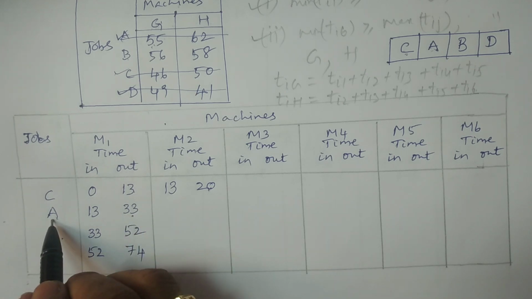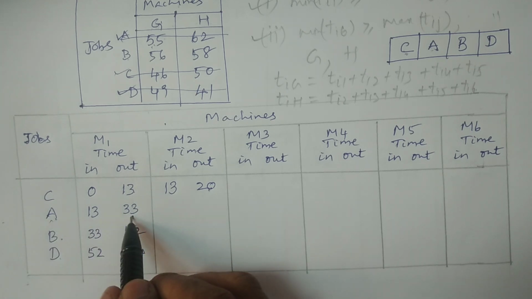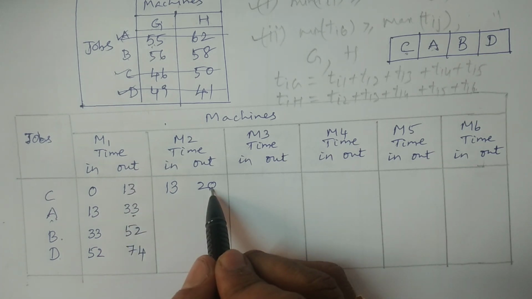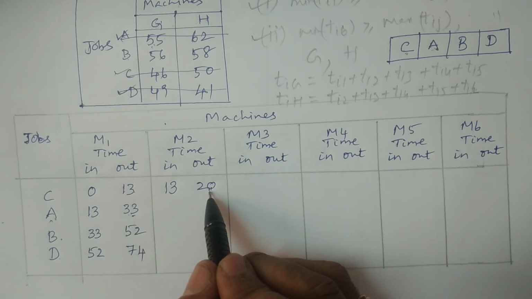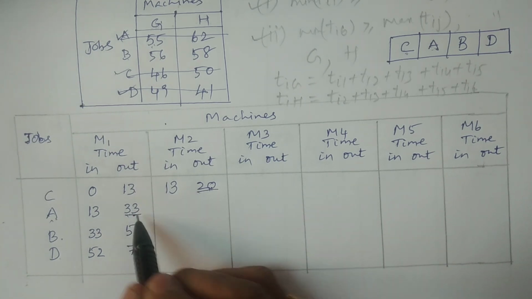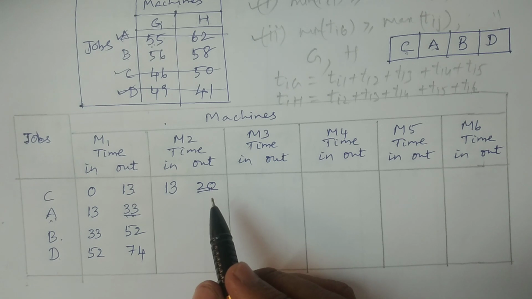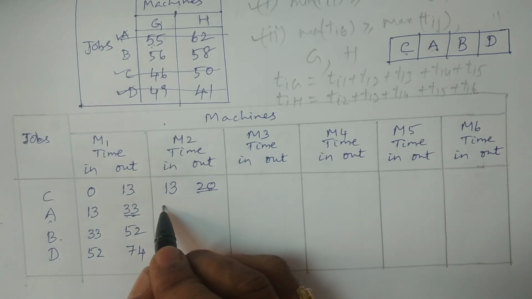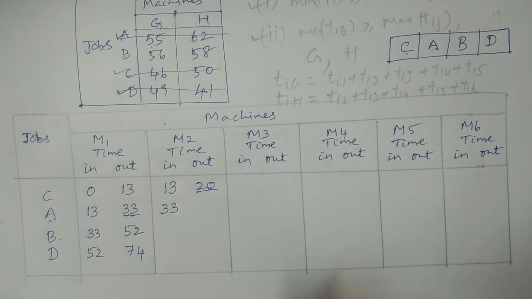The second job is A, and its time out on machine 1 is 33. So the time out is 20, and you have to consider the maximum among 20 and 33. That is the only logic you have to remember. The maximum value is 33. Therefore 33 is the time in for the next job.